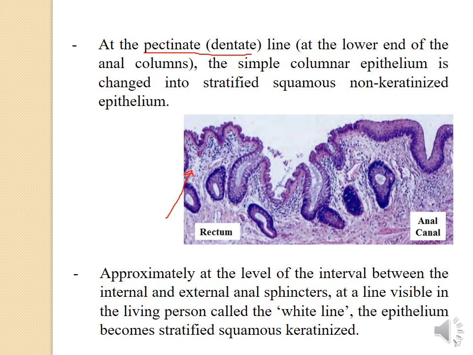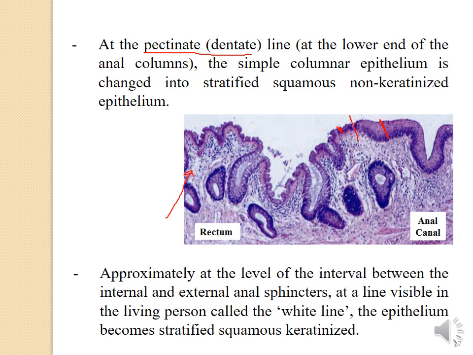And then the anal canal will start. Of course the anal canal has already begun, but at this line, called the pectinate or dentate line, the epithelium, which was simple columnar, will suddenly change into stratified squamous, non-keratinized epithelium.